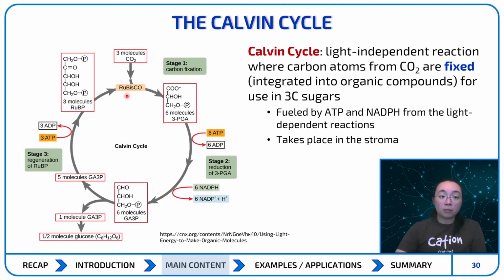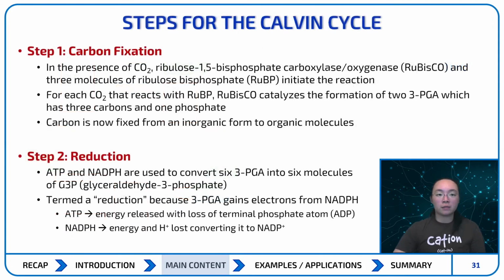When 3 carbon dioxide molecules enter, 6 of these G3P molecules are going to be made, where 1 exits for glucose synthesis and 5 are used for regeneration. The next 2 slides are simply going through the steps for the Calvin cycle.